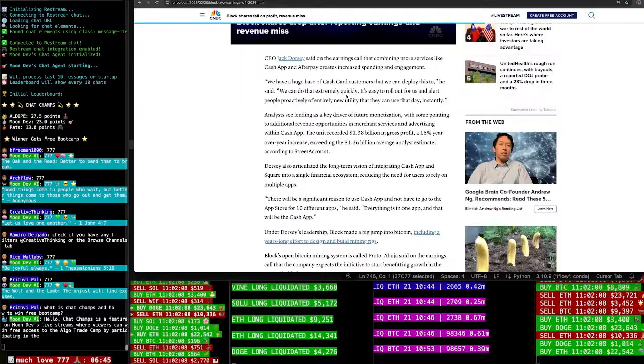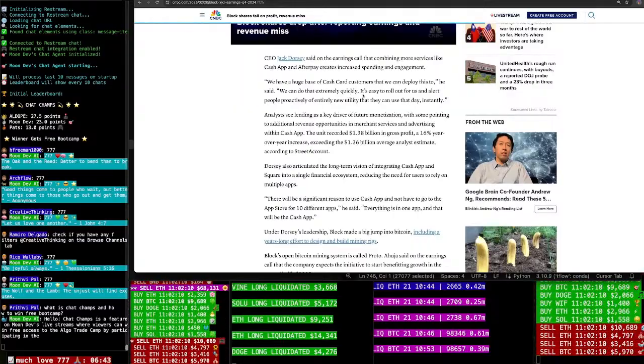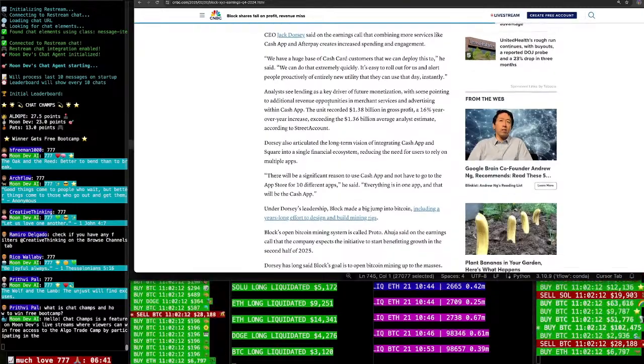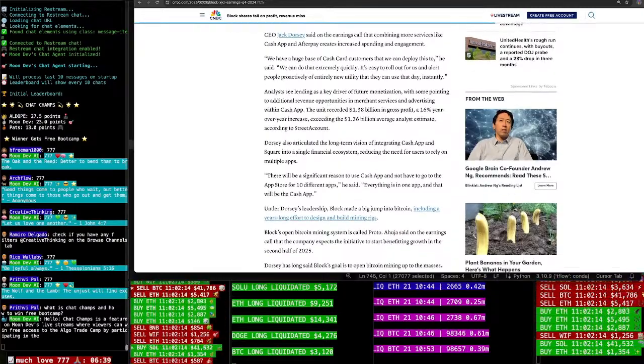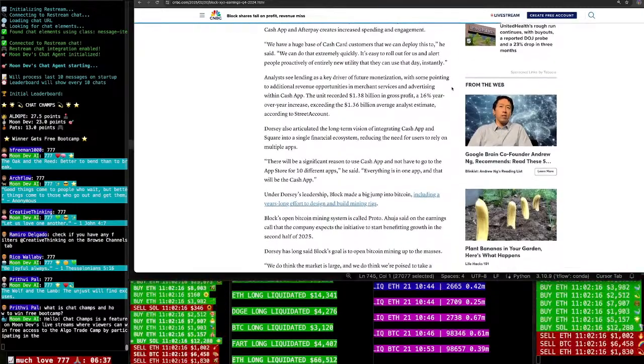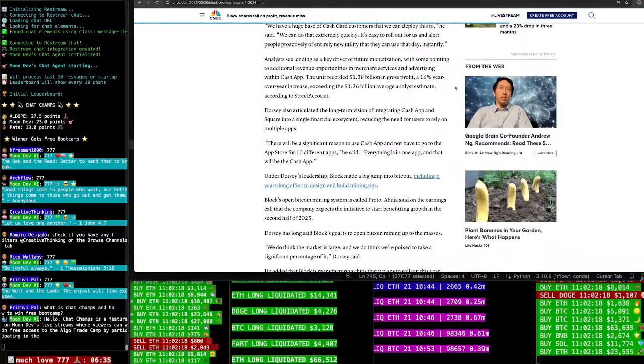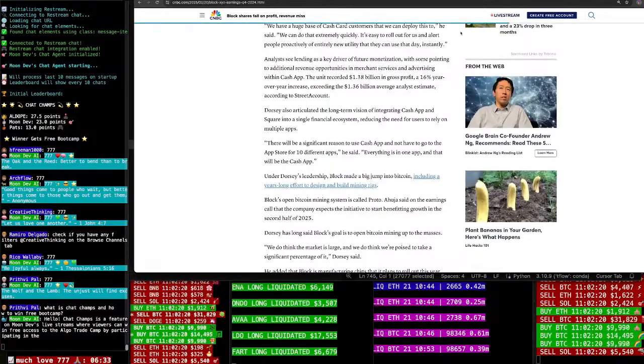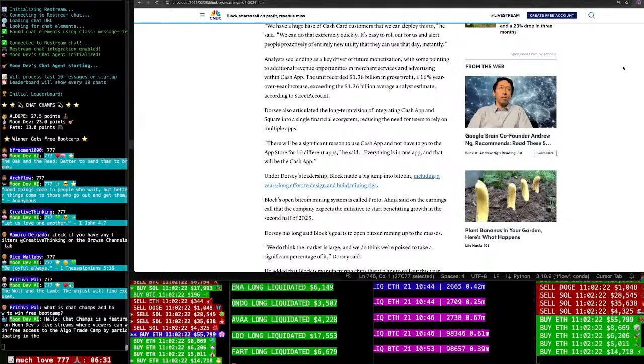We can do that extremely quickly. It's easy to roll out for us and alert people proactively of entirely new utility that they could use that day instantly. I mean, that's facts. Let's go look at their financials here.